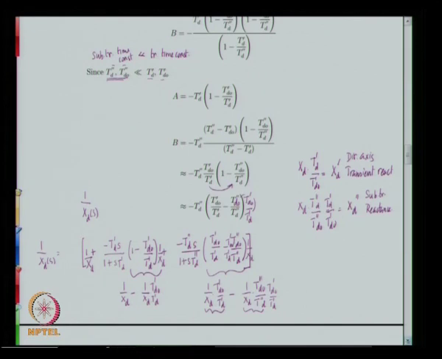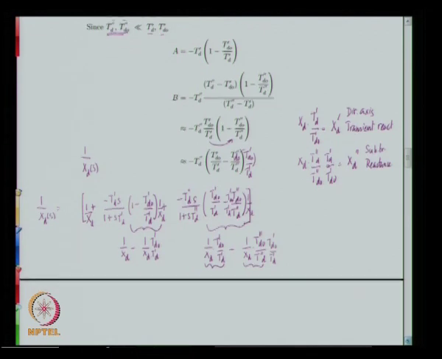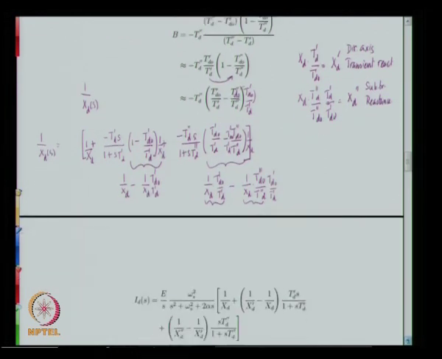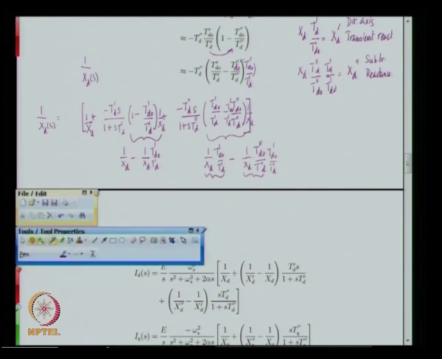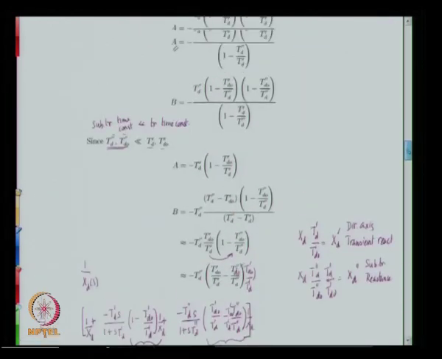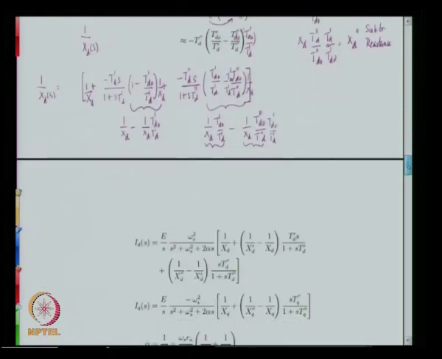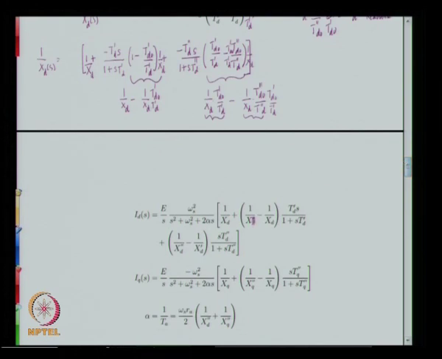And therefore this expression 1 by xd of s simplifies to, as we see here, 1 by xd plus 1 by xd dash minus 1 by xd into T dash d s by 1 plus s T dash d, plus this term.